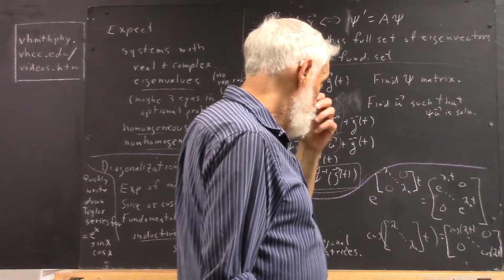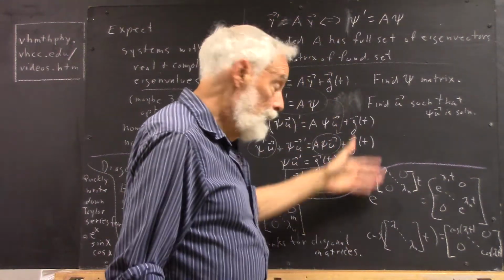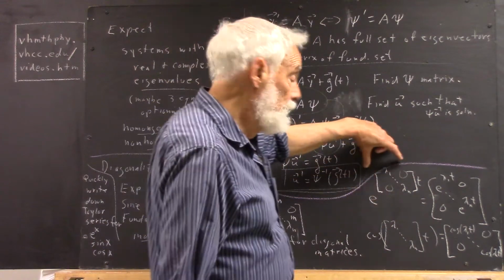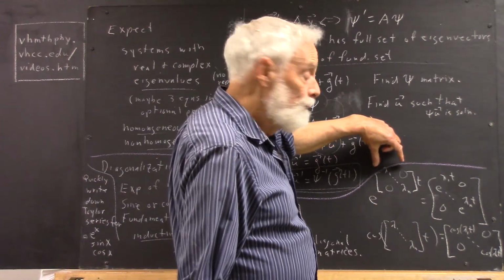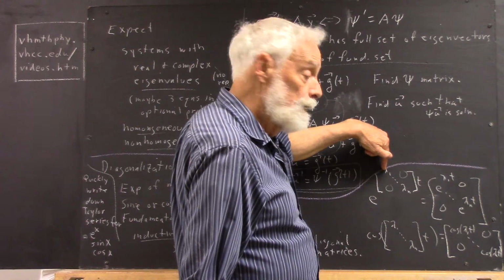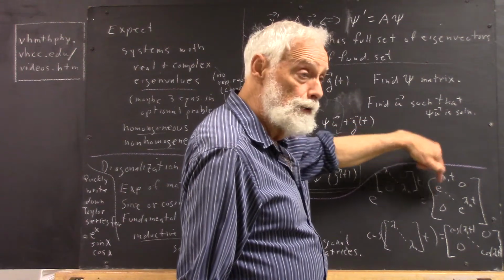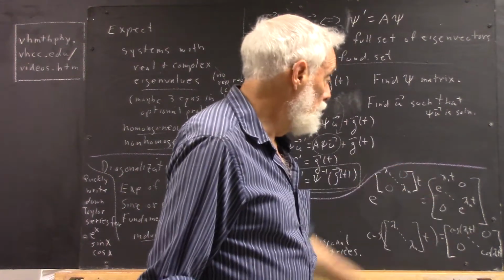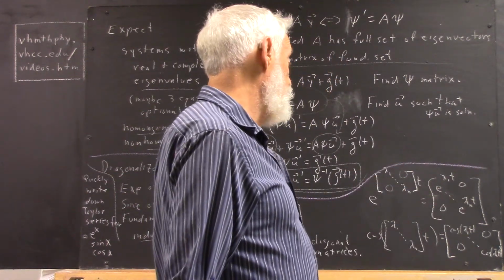It's because the Taylor series expansion involves all the powers of this matrix, and for every diagonal element, you're going to have all the powers you need to build up e to the lambda 1 t, and the same for any diagonal element.